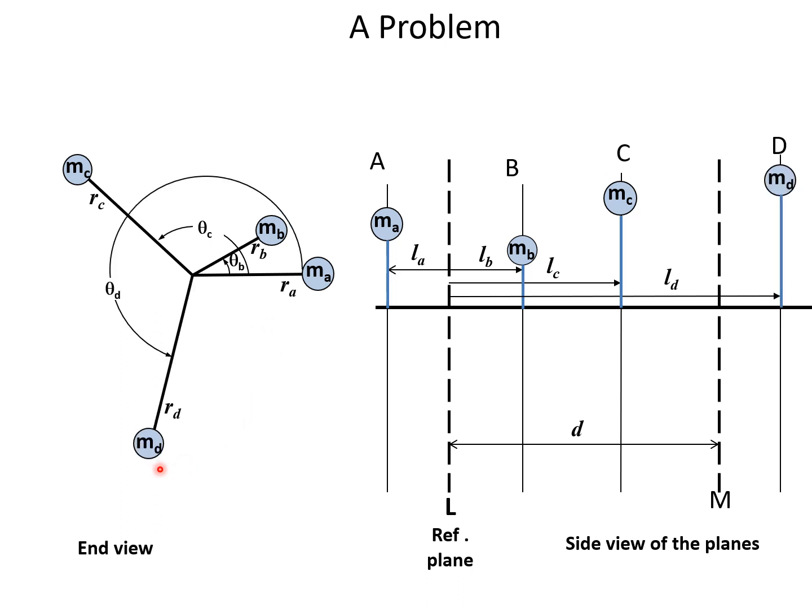There is another mass MD at a radius RD, angle theta D, again measured in the anticlockwise sense from horizontal. Now we are going to put one mass MM at a radius RM and another mass ML at a radius RL at some theta M and theta L such that we dynamically balance. That means we balance the couple and we balance the force together.